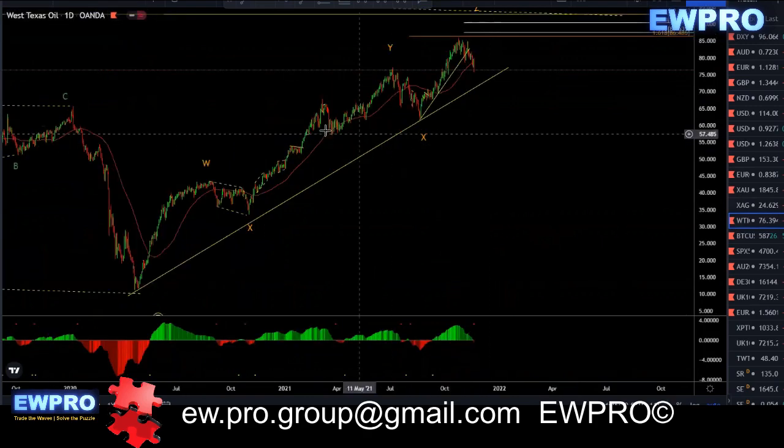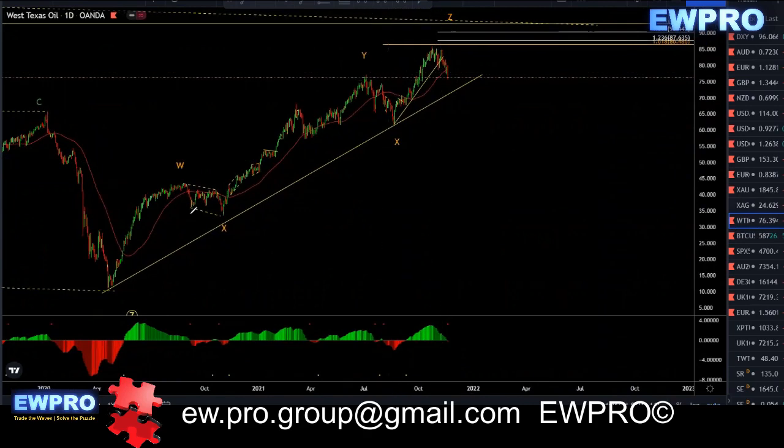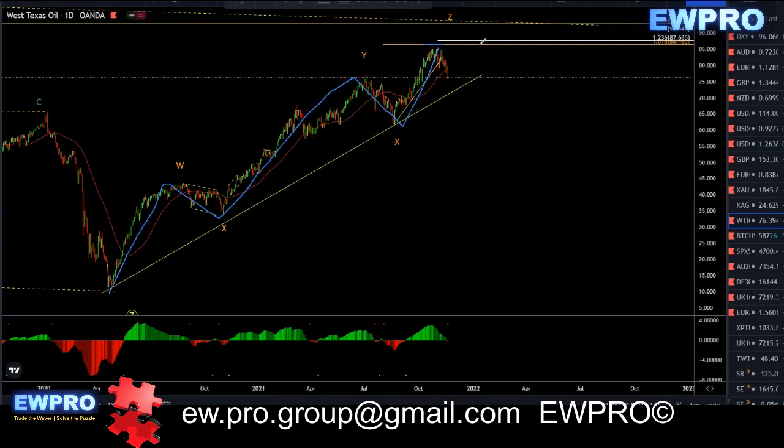On the daily, on the WTI, we got the 5 up, we got the WXY, X2, Z up, nearly hit the second target, which is the 161.8. Didn't quite get there. We got the first target. It's still looking rather bullish. It hasn't really fallen over.